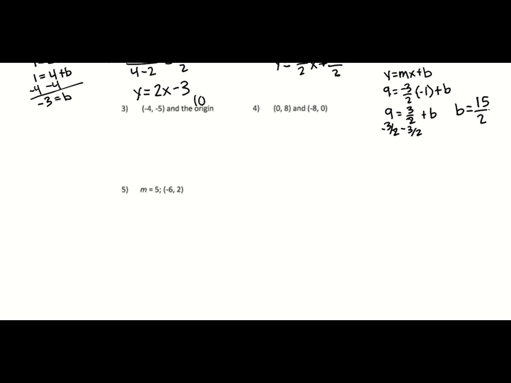So if my point is the origin, 0, 0, that right there is giving me my y-intercept, b. My y-intercept is where x is 0, so my b is 0 in this case. So now I just need to find my slope.